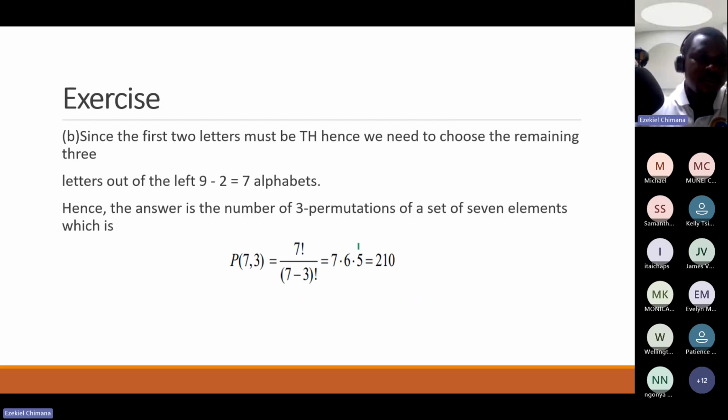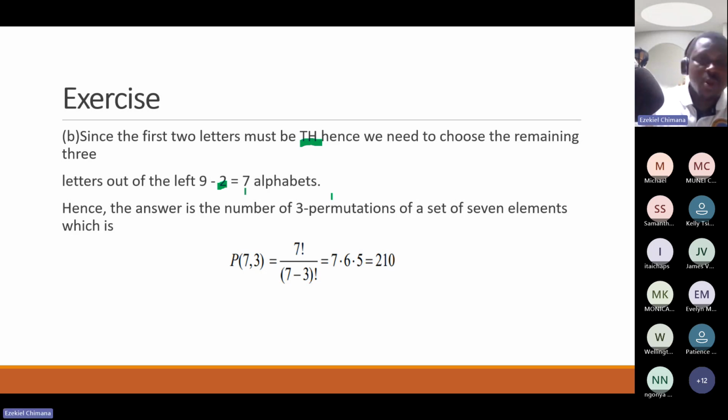If you look at the second one, it says since the first 2 letters must be TH, we need to choose the remaining 3 letters out of the left 7 letters, which means you are going to subtract 2 from the word algorithm, and you'll be left with 7 letters.